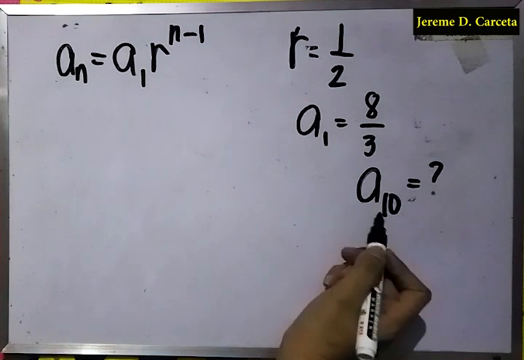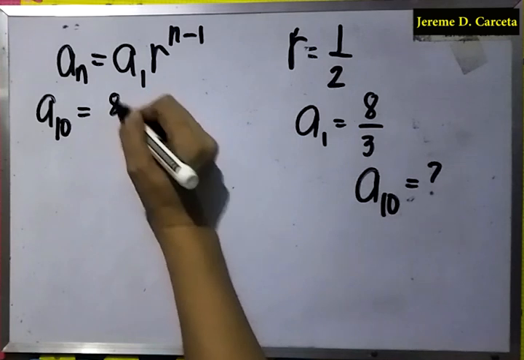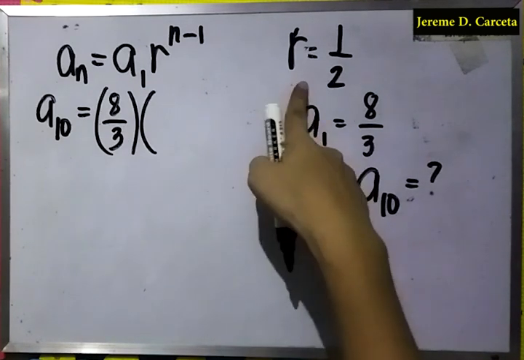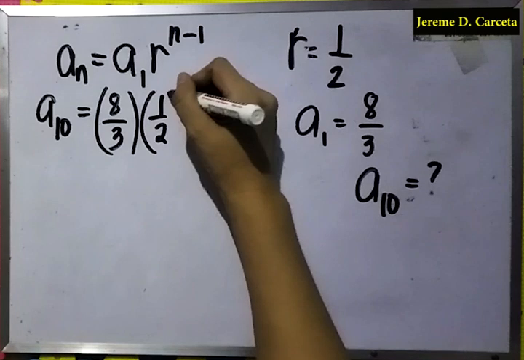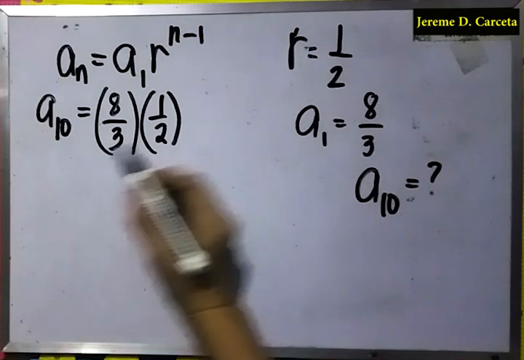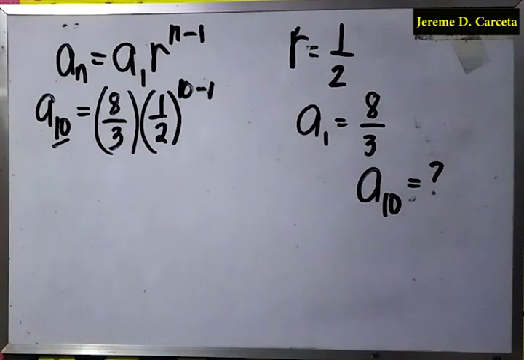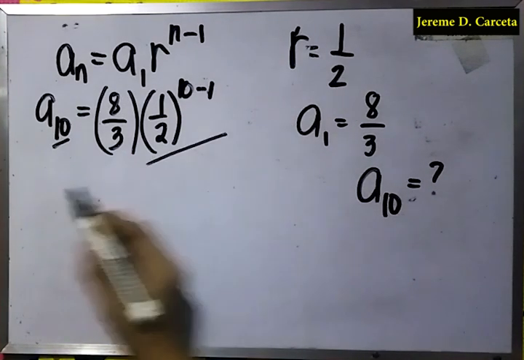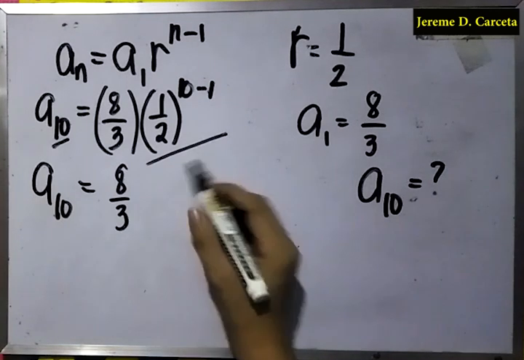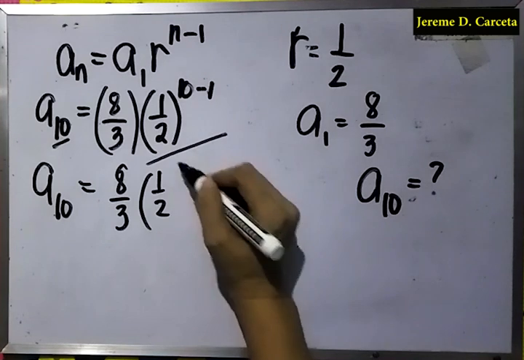values. So we have to find a sub 10 is equal to the first term, 8 over 3, times our ratio is 1/2, raised to n, our n is 10 minus 1. So let us simplify this first. So a sub 10 is equal to 8 over 3 times, so 10 minus 1 becomes 9.